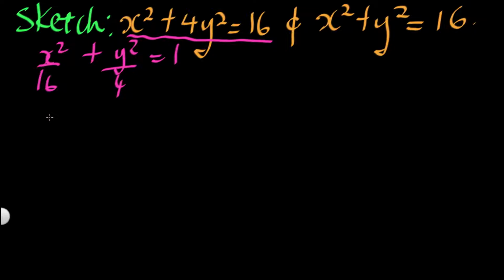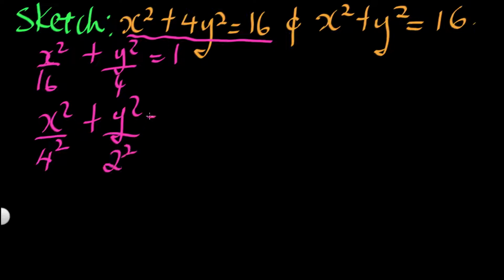I can rearrange this to be in the form x squared over 4 squared plus y squared over 2 squared equals 1. So this is an ellipse.